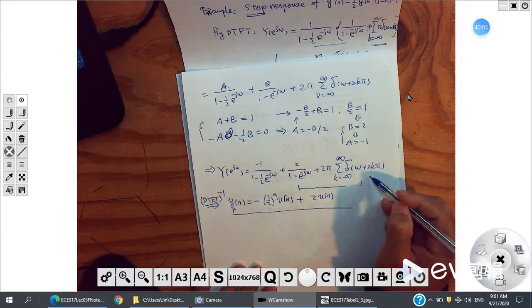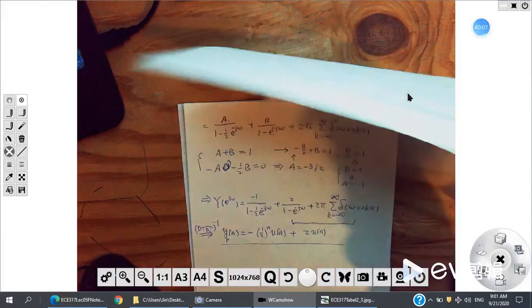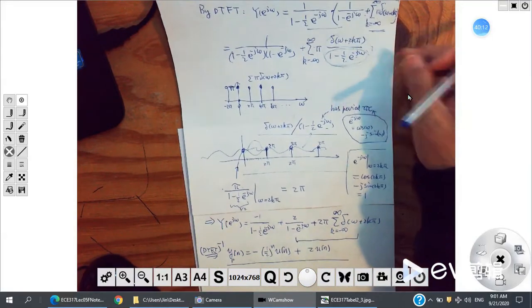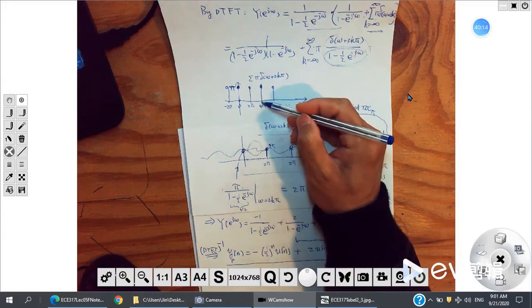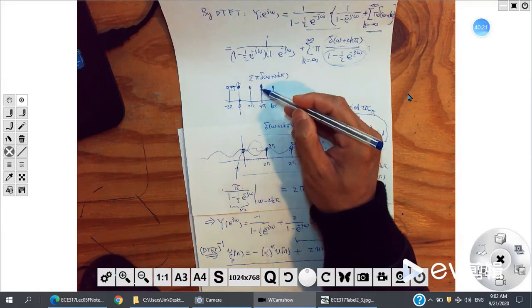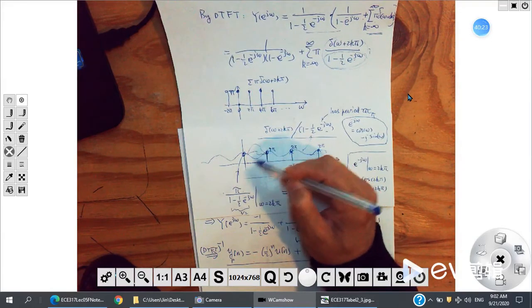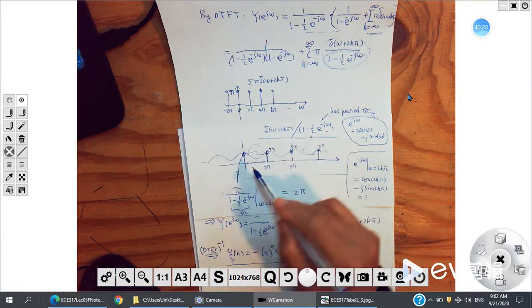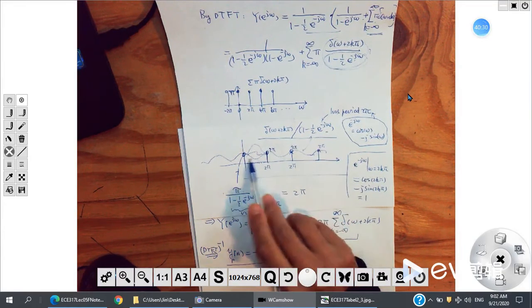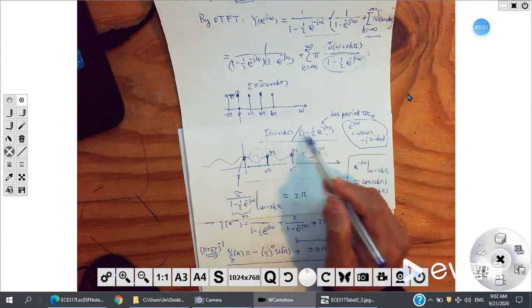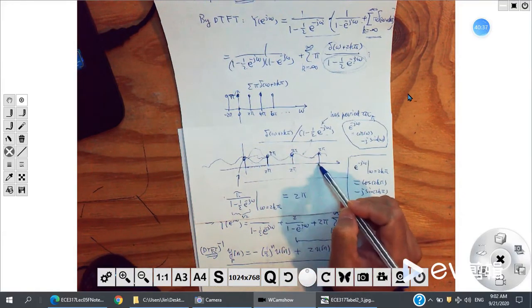Now how to work. The key feature for the parts is like this. The parts has parts, right? Between two parts, the only values are zeros. So when the parts times any kind of function, this part tends to be 0. So the result is also a sequence of parts. So a sequence of parts times any signal, you get another sequence of parts.